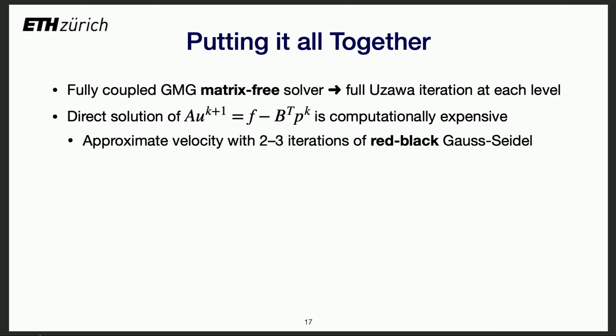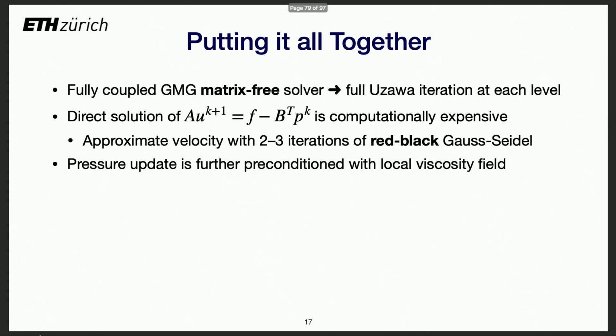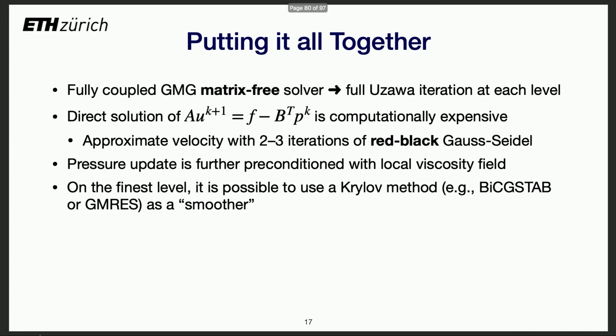It essentially uses some smart indexing to make classic Gauss-Seidel parallel and achieve similar performance to Jacobi iteration, but without having to incur the penalty of using a Jacobi method. Furthermore, there's a preconditioning step applied to pressure before the update that is based on the local viscosity field.